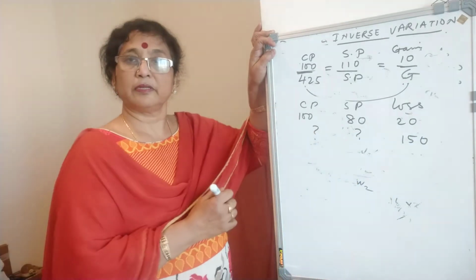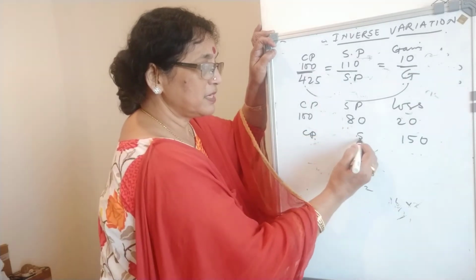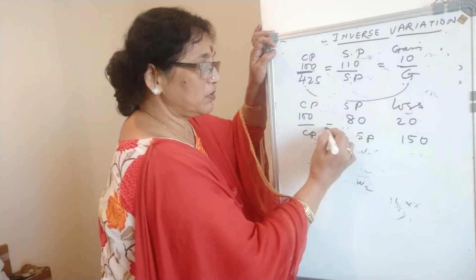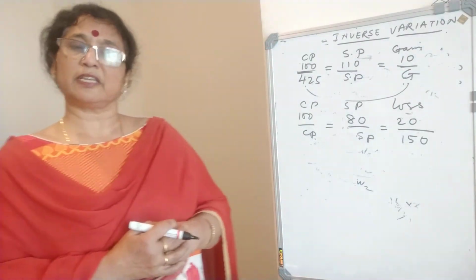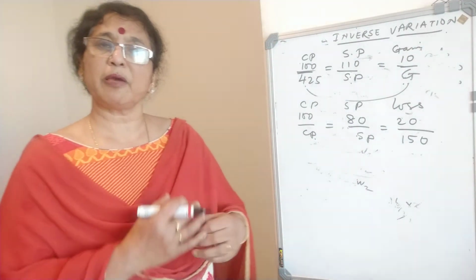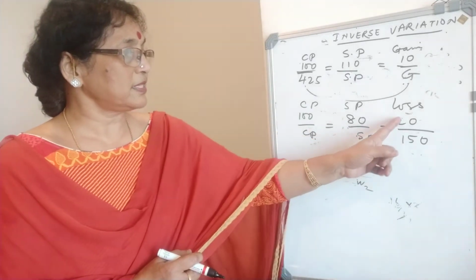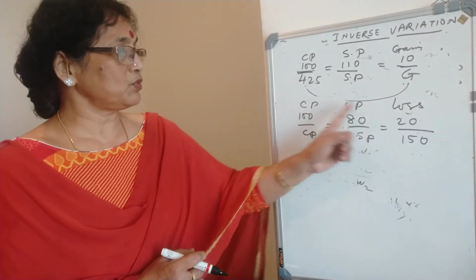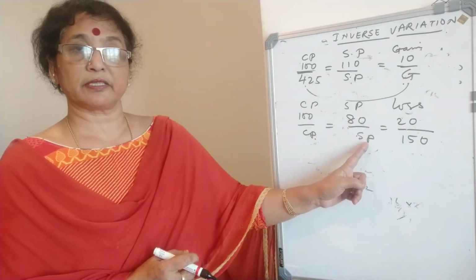What is cost price? So I asked you cost price, I asked you selling price. So just do this, equal to. So easy. Basically it comes from direct variation by proportionality. So that's all. You take this and this, because these two you cannot take. Take this and this, you'll get the answer selling price.